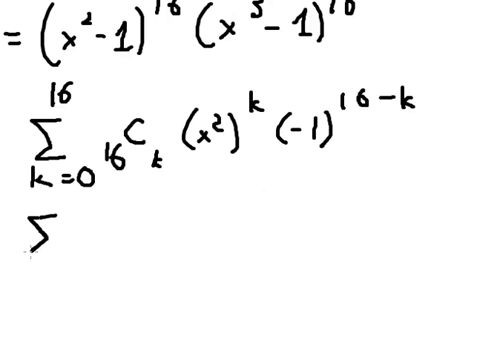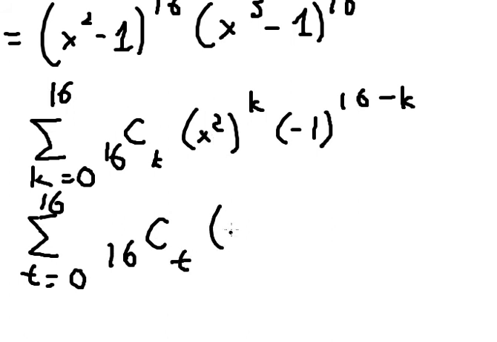So we have the summation t equals 0 to 16. And we have combination 16 t. This one we put s to the power of 3t multiplied by negative 1 to the power of 16 minus t.